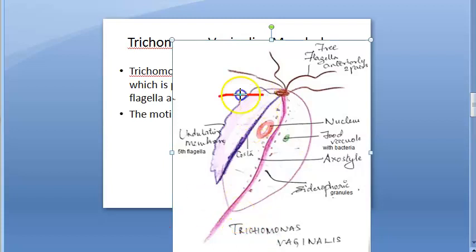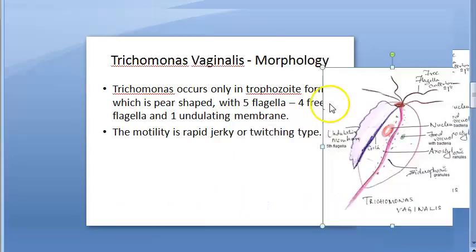And this undulating membrane is supported at the base by something called a costa. You see the costa here? This is the costa, supporting the undulating membrane. So let's write these points, guys, otherwise you will not remember.